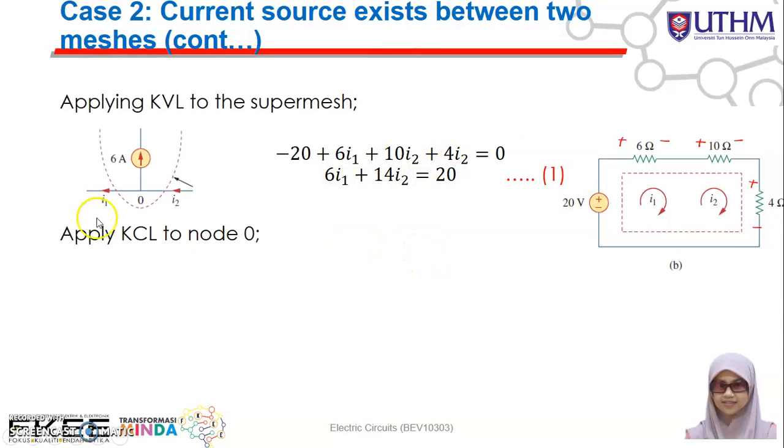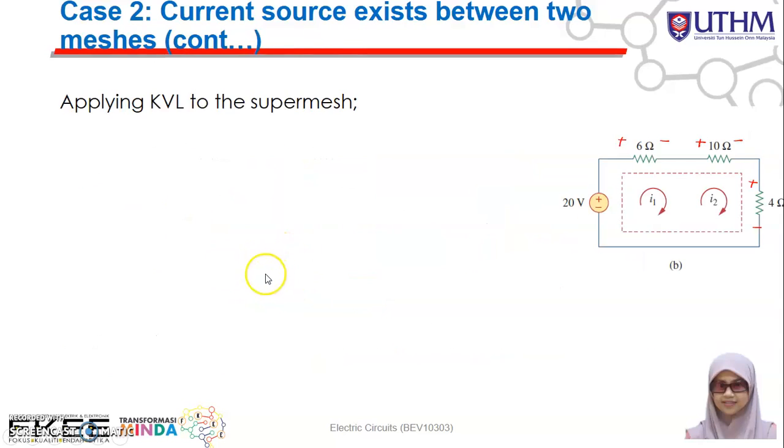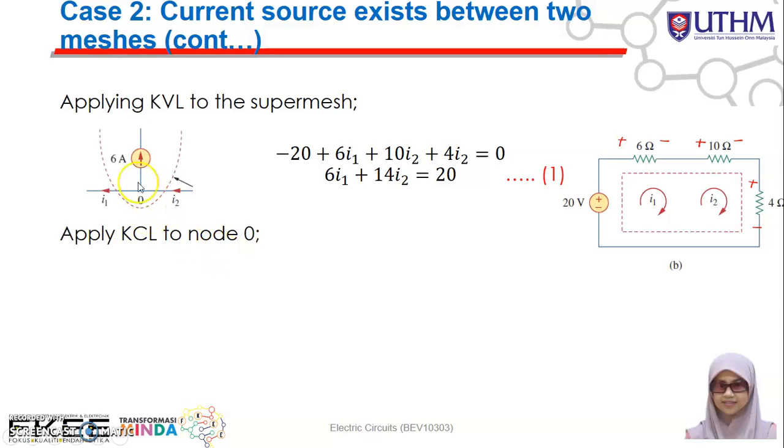Then you need to apply KCL to node O, where you refer to your previous slide. Here is your node O. By applying KCL to node O, here you have a mesh current of I2, and here you have a mesh current of I1.